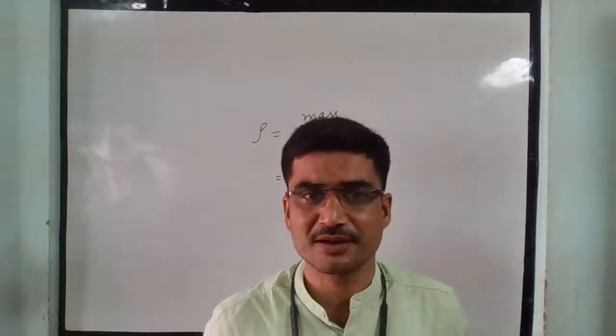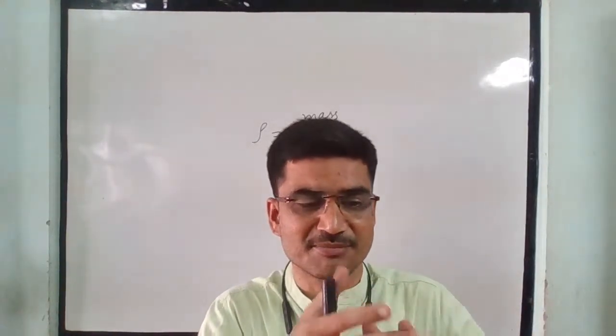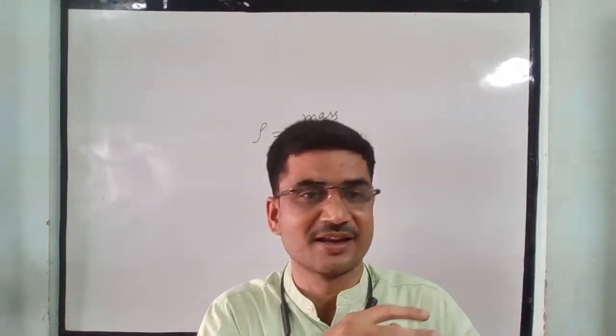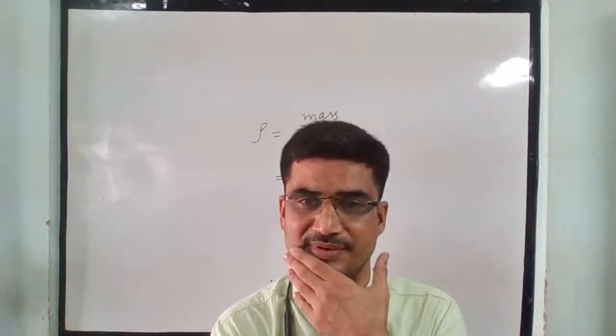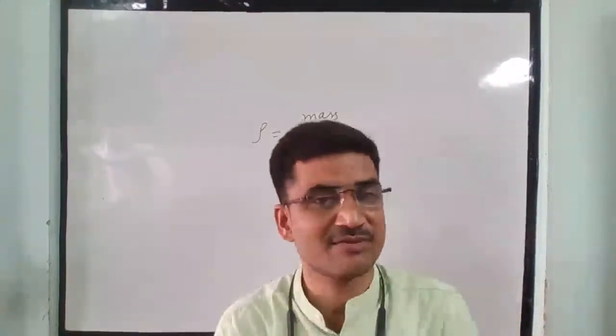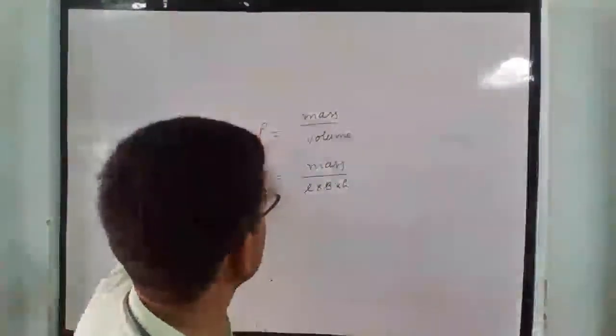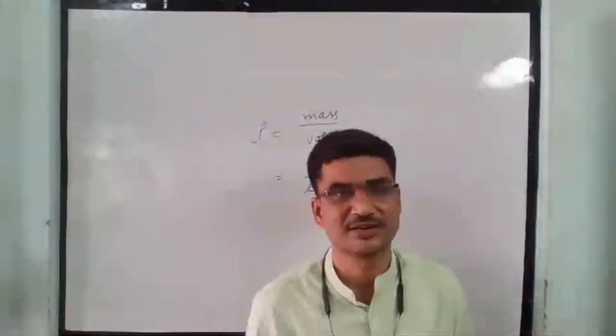So we have to measure four things: first mass, then length, then breadth, and height. In each measurement there may be some chance of error, and how all the errors are combined, and what will be the error on density, that we have to study. This is a very, very important topic.